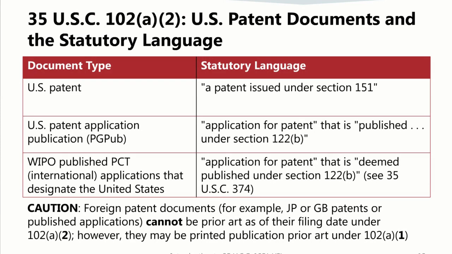International applications may be prior art if deemed published under Section 122(b). Foreign patent documents cannot be prior art as of their filing date under 102(a)(2), but may be printed publication prior art under 102(a)(1).